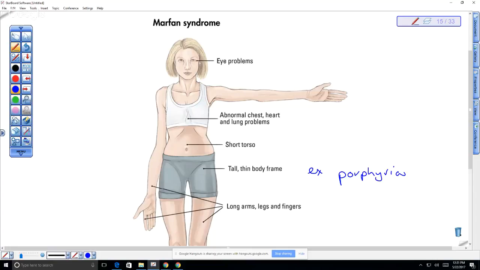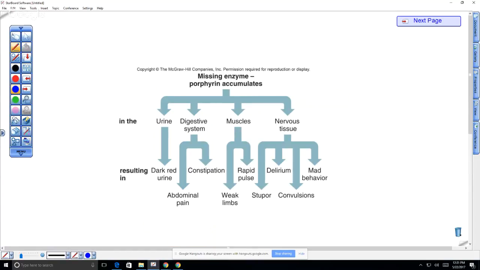And then porphyrins cause an accumulation in the body, and so porphyria has some other effects. So what happens is that you have a missing enzyme, and porphyrin accumulates. So this is from the breakdown of the heme in hemoglobin.